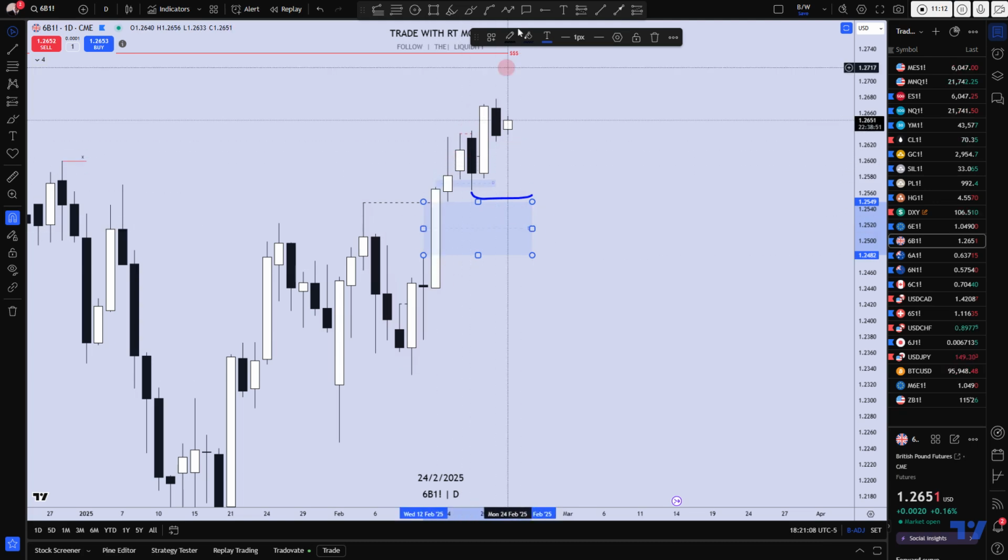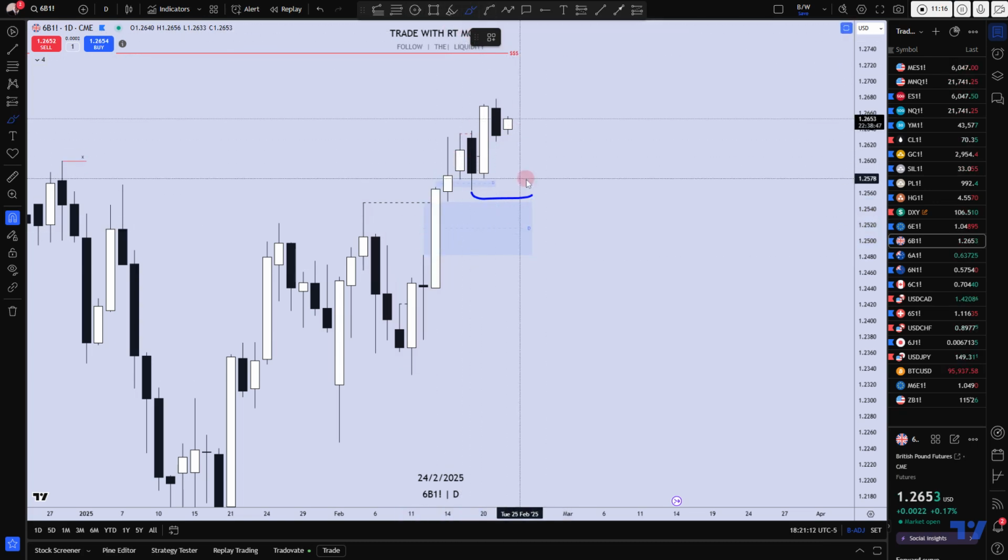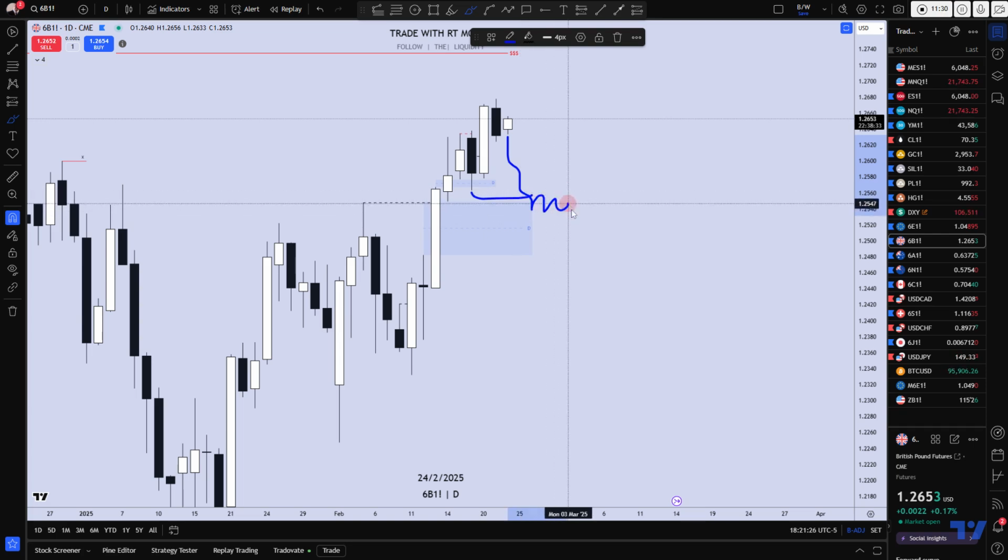There's a fair value gap on the daily. If it takes out that low and uses it as a liquidity low, I'd be looking for price to come down and find support here for higher prices. That's it. That's all there is to it.